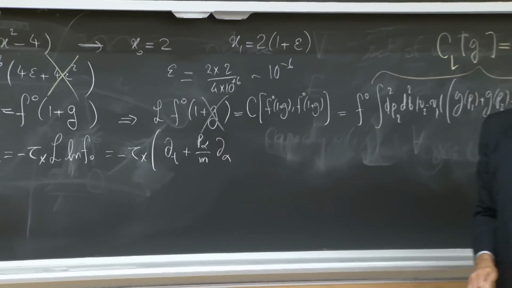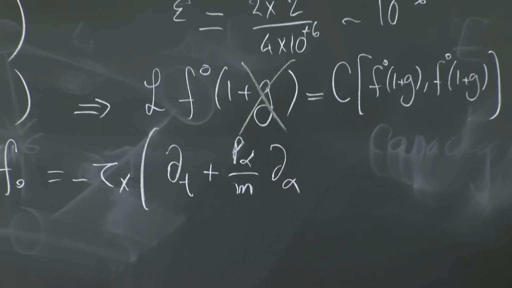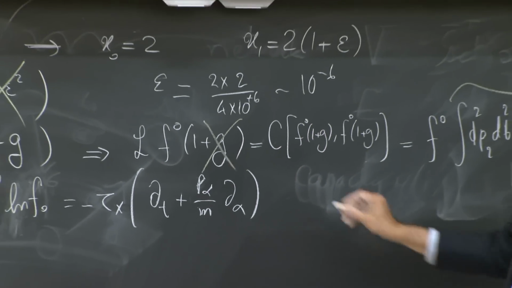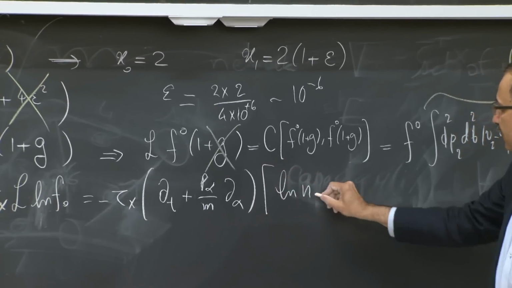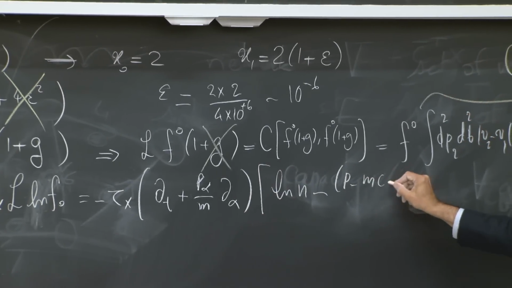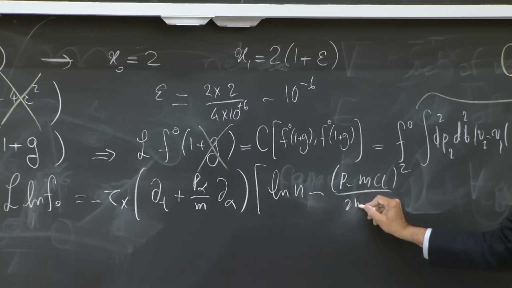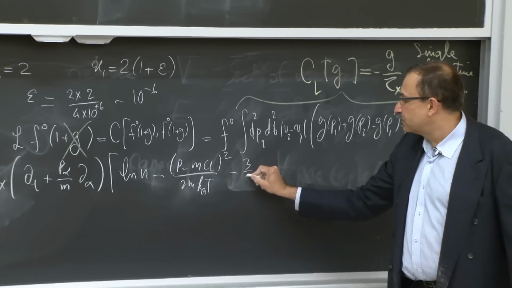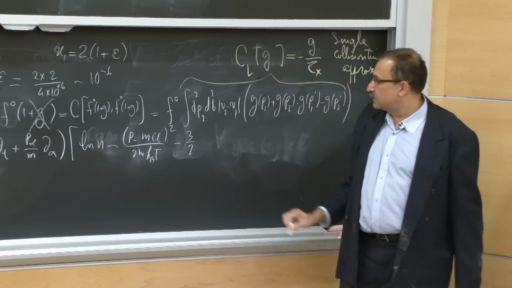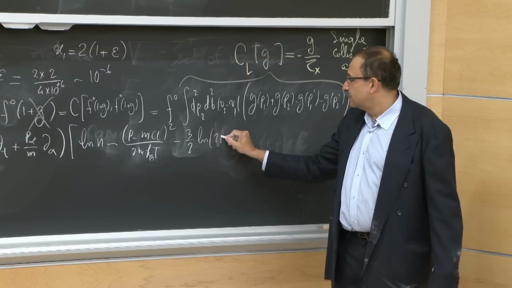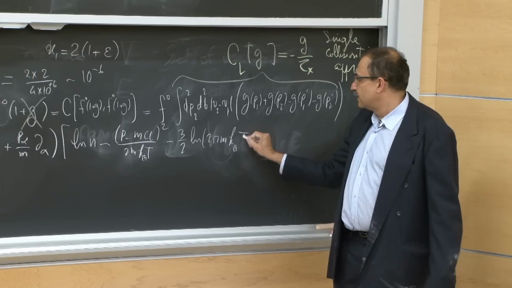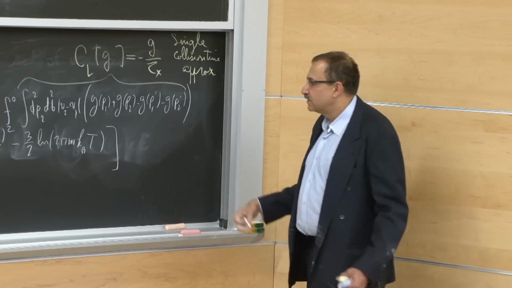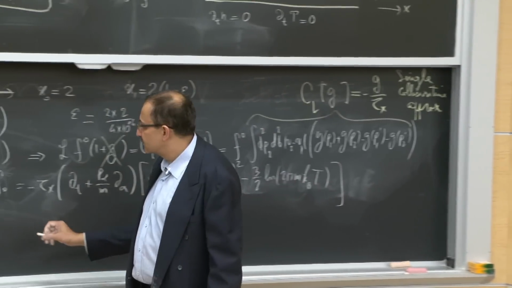Let's say we forget about the force because we are looking in the middle of the box, acting on log of what I had written before. So what I have is log of n minus (p minus mu) squared over 2m kT. Remember, u, kT, n are all functions of position, so there will be derivatives involved here. And I will just write down what the answer is.